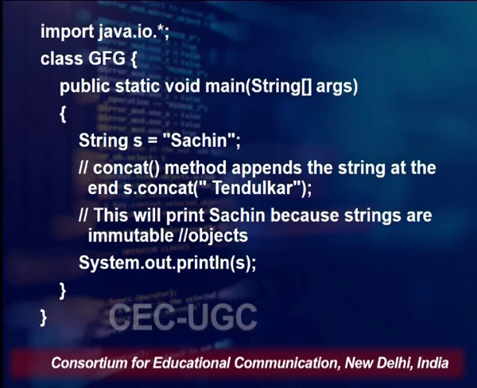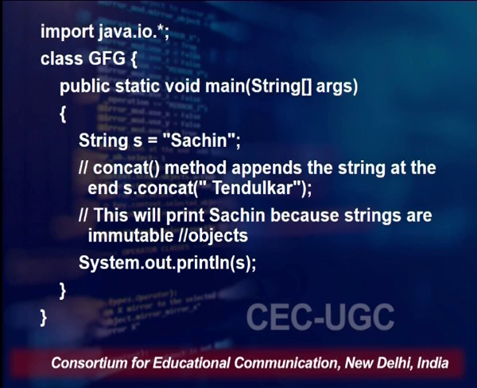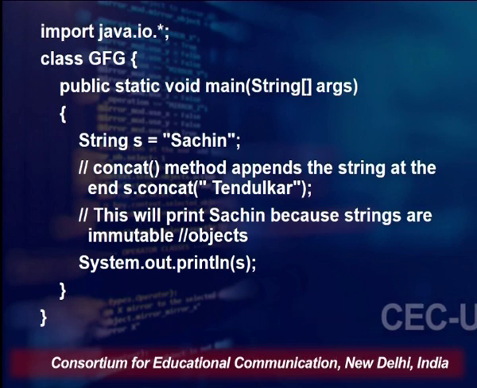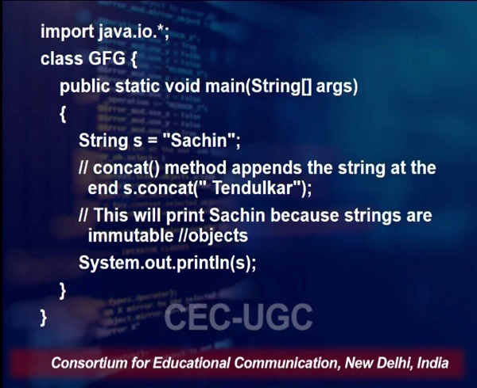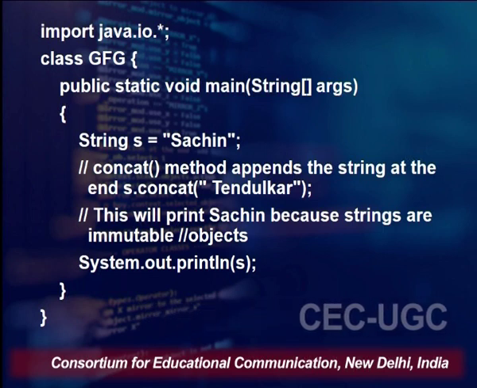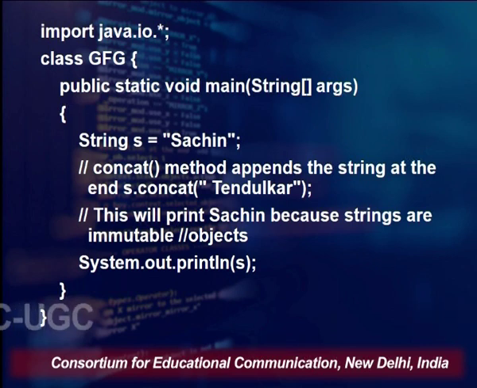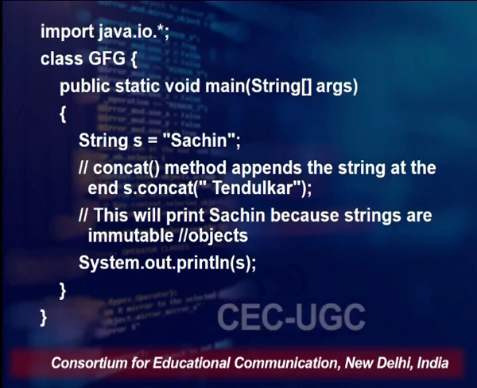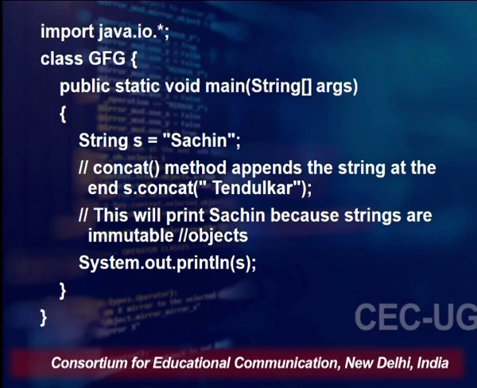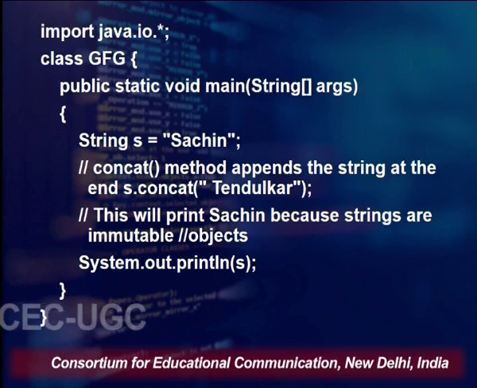the variable s. This will only print Sachin, because strings are immutable objects, and hence s.concat("Tendulkar") is not going to have any effect on it, because whatever value we have stored in s cannot be changed, and hence we say that strings are immutable objects.